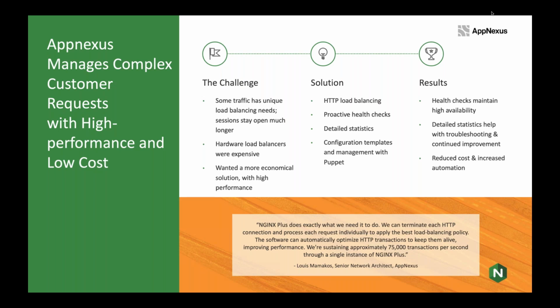And the last point there is the significant reduction in costs. They replaced their expensive hardware load balancers with a cluster of 3 NGINX Plus instances at a lower cost per megabit per second per host. And also with the automation of Puppet, it really helped them save time in their application maintenance and management.